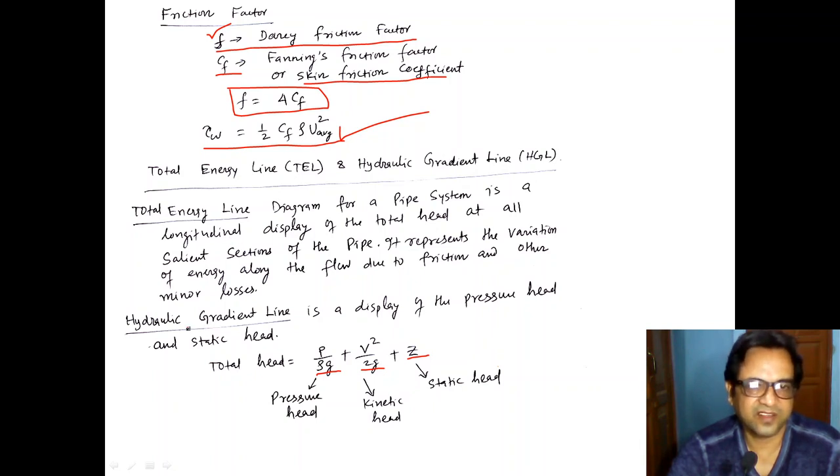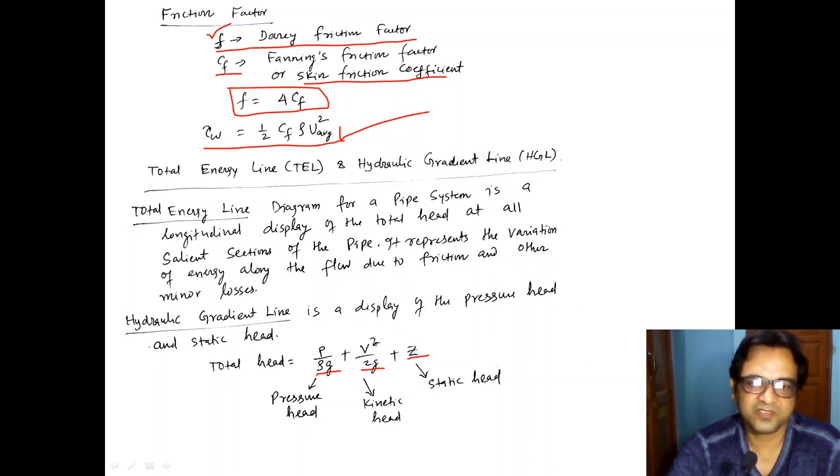But the hydraulic gradient line is the display of only the pressure head and static head. So the kinetic part is neglected. Find out the pressure head and static head at different locations of the pipe and plot it. So basically it is the piezometric head. The summation of the pressure head and the static head is known as the piezometric head.